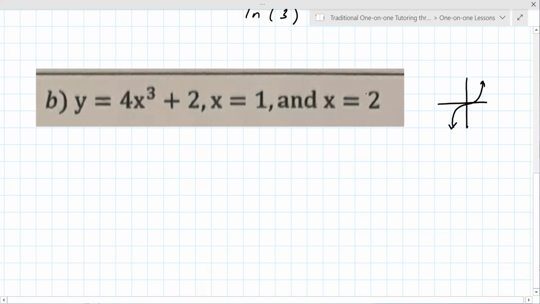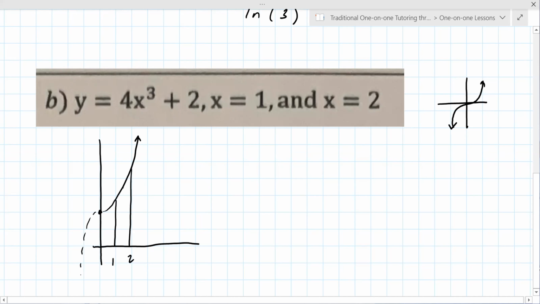Because you're going from 1 to 2, you only care about the first quadrant of this anyway. So it's there, and this is where it kind of snakes, not to scale, and then we go from 1 to 2, and it's this region in here.